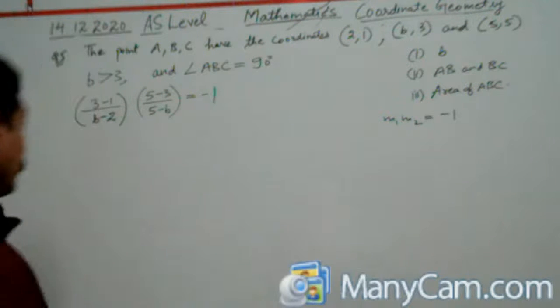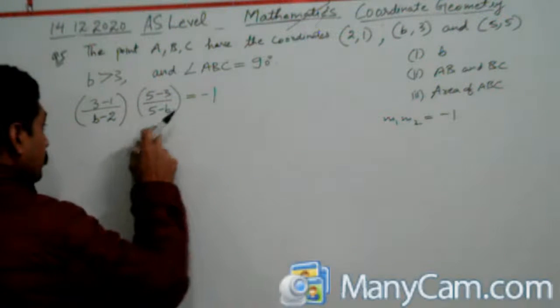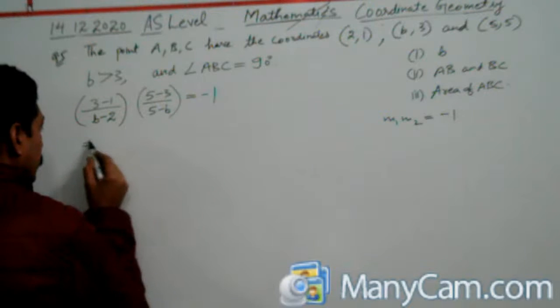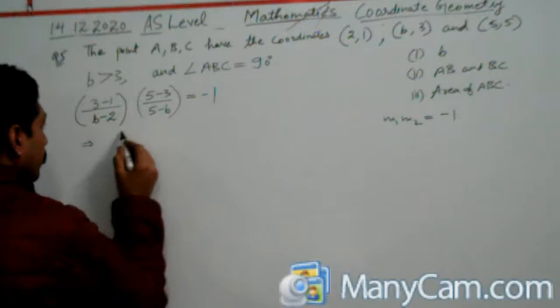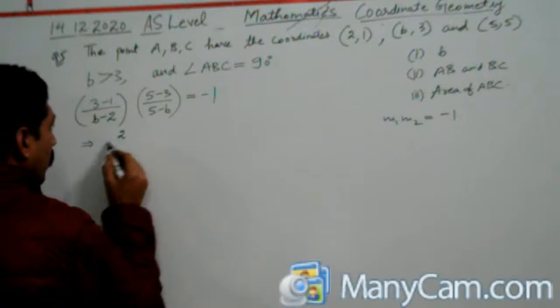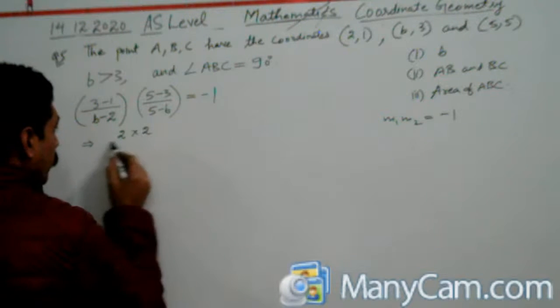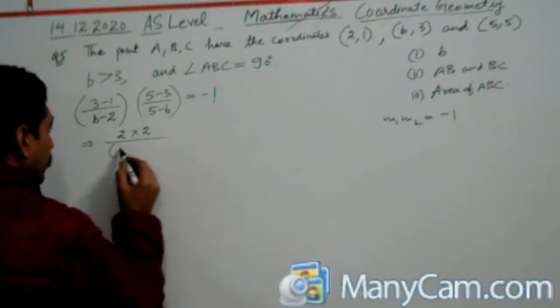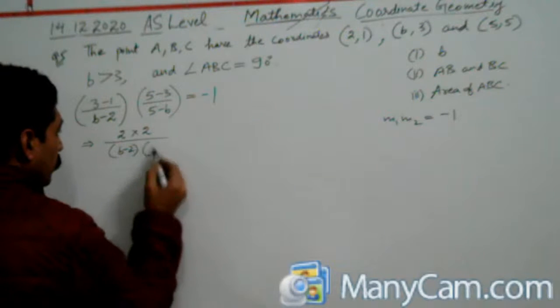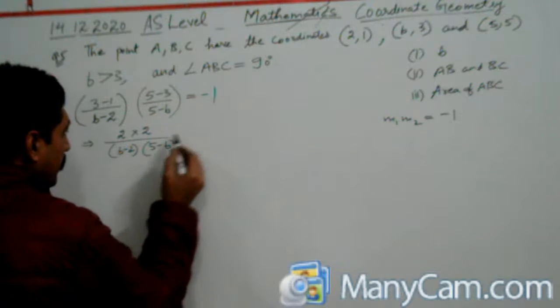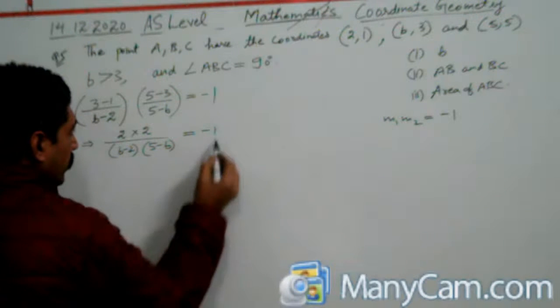So from here we can apply the values. This implies that we have 2 into 2, that is 4, and here we have b minus 2 into 5 minus b is equal to minus 1, right?